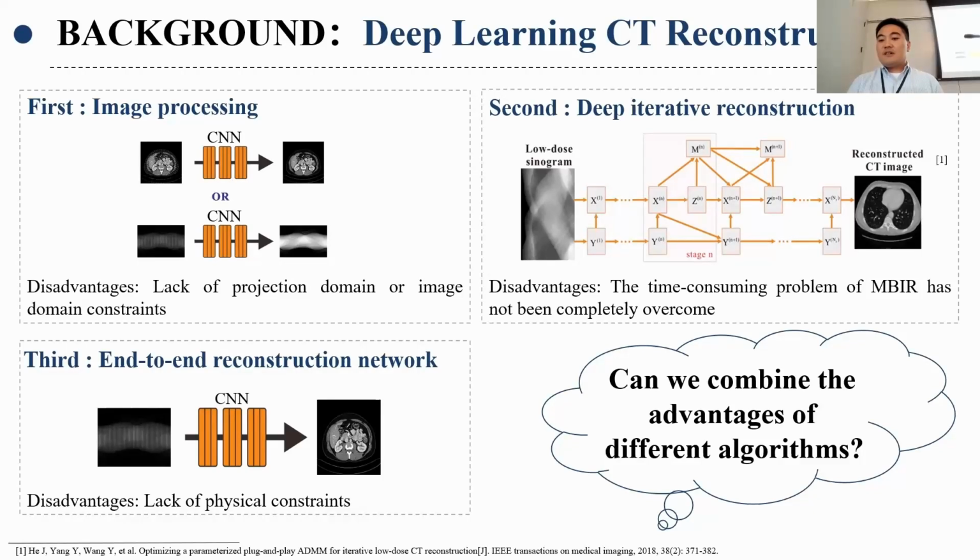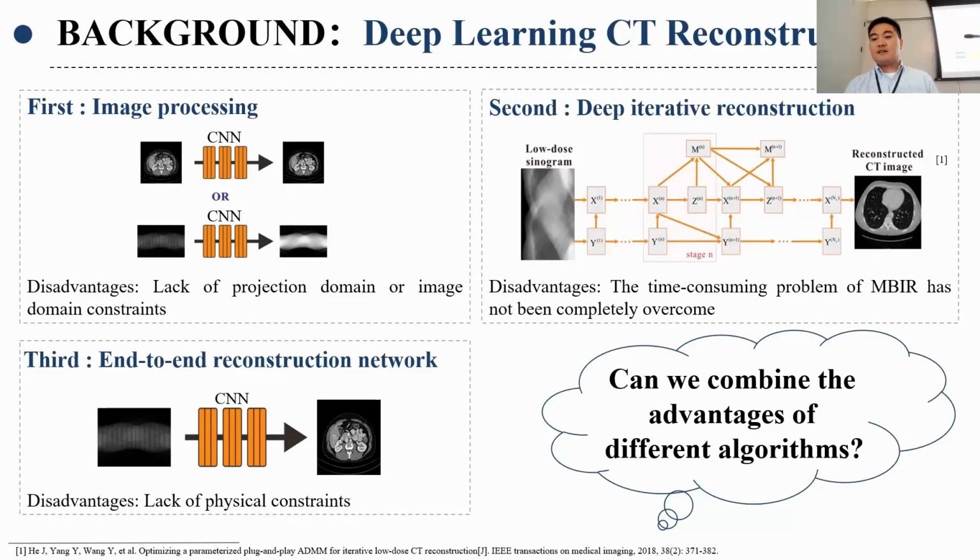Generally, this kind of method still uses the traditional FBP algorithm for reconstruction, and it's convenient and efficient, and can directly introduce the excellent networks in other computer vision tasks to CT reconstruction tasks. However, these methods only deal with single domain images and lack the constraint of either projection domain or image domain.